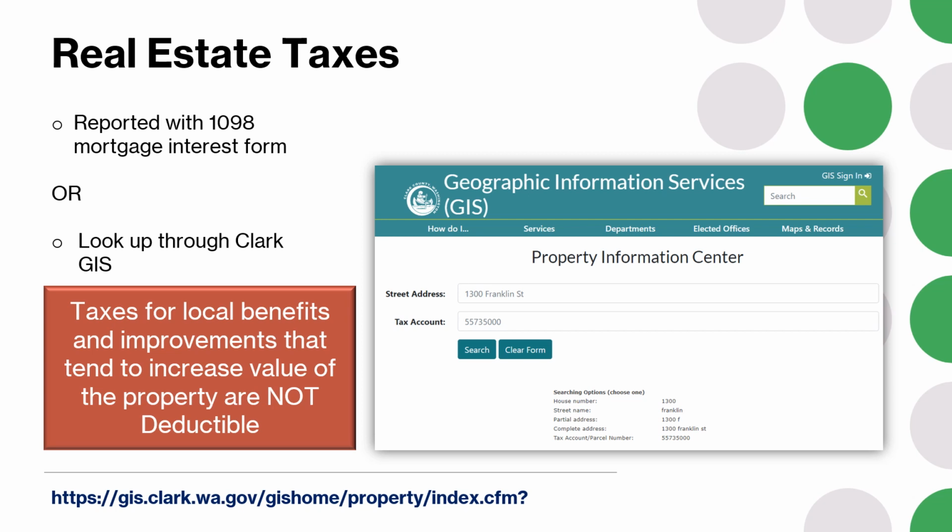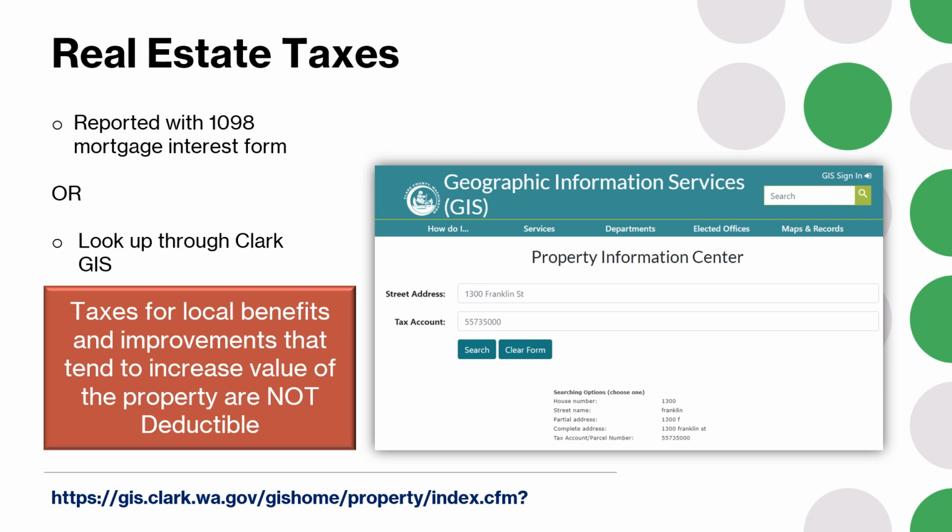Sometimes people will have been required to hook up to the city water or the sewer system, and they'll have like a huge fee that they've been charged, and they'll feel very passionately that they should be able to deduct that, and we have to kindly educate them that they don't get to deduct that right now. And as we've talked about in our capital gains lesson, what happens is that that cost, that assessment, gets added into the cost of their home.